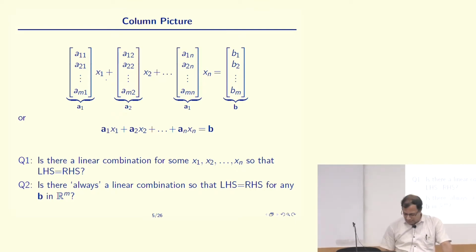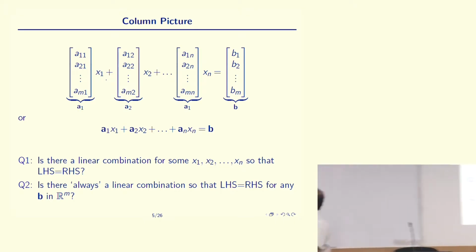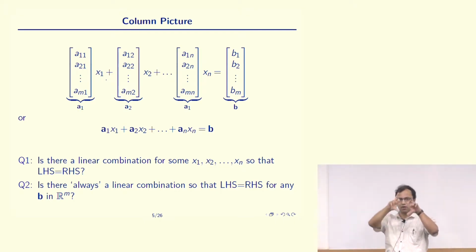We'll try to understand this, but what you can see from here is that we are not only looking at the column vectors of the matrix, but we are looking at the span. So how these column vectors are actually spanning the space, what space they are generating.